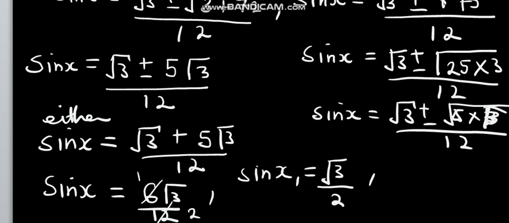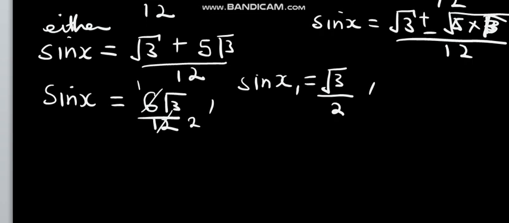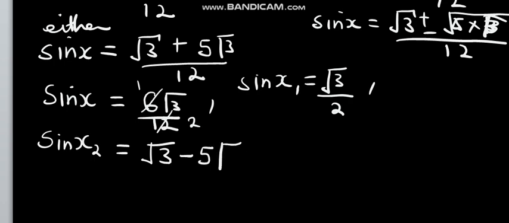Also sine x2 shall give us root 3. Remember, in the first position we used the positive, now we are going to use a negative, minus 5 root 3 out of 12. Is that okay?